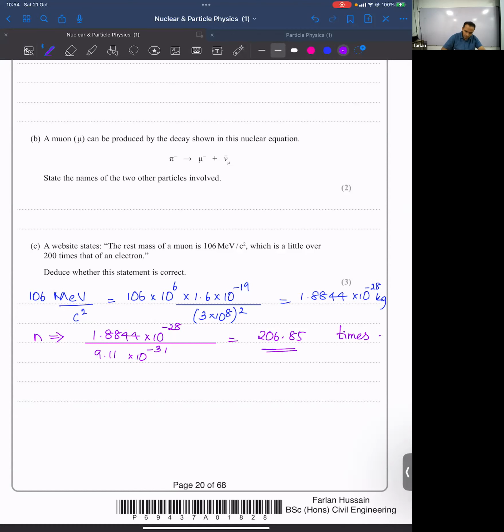Write: yes, the statement is correct. Two decimal places?